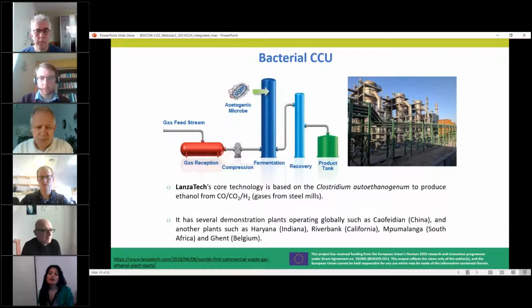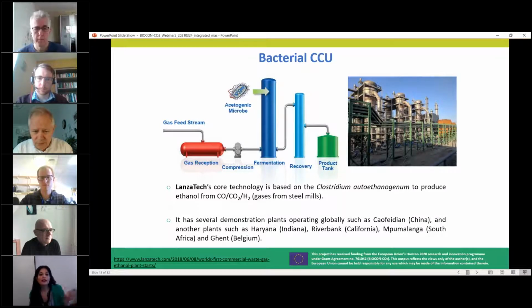As for the bacterial CCU, I picked this example, which I think is very closely related to what we are trying to achieve in BIOCON-CO2, and it is the LanzaTech technology, which produces ethanol from gases from steel mills. So how does it work?